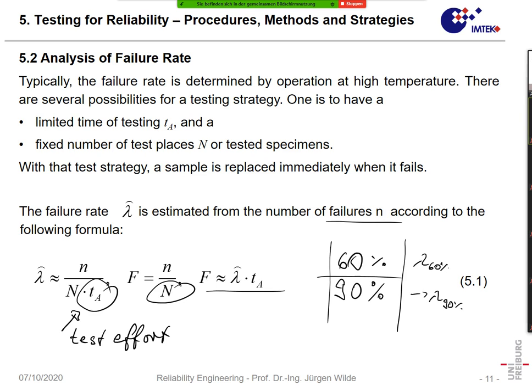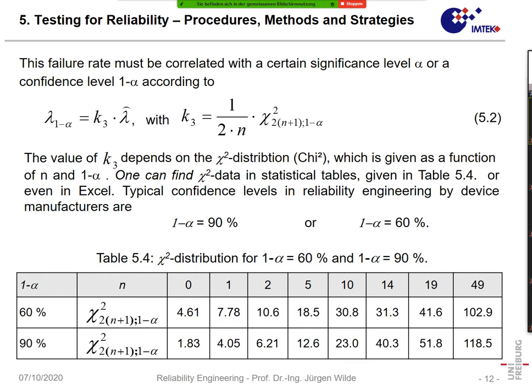One of the factors for that statistical probability is how many failures you had. In that way, we can say this estimator, for instance, lambda 90%, is some factor K3 times this measured failure rate.